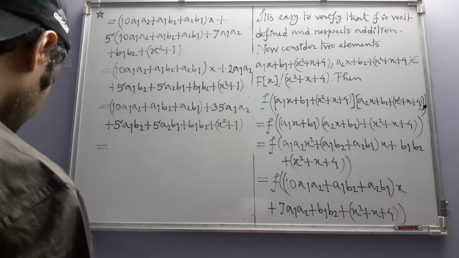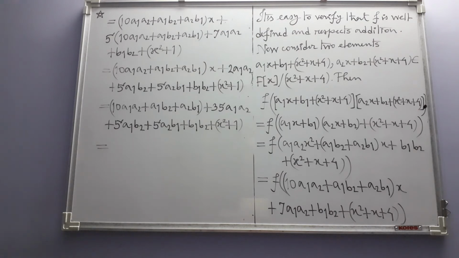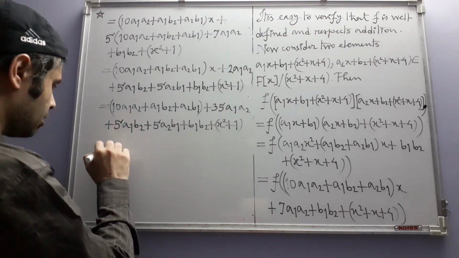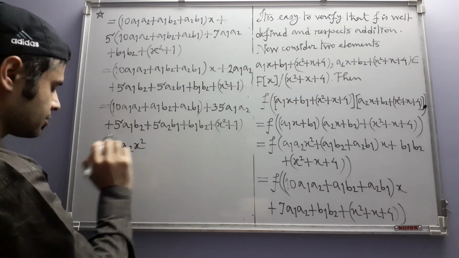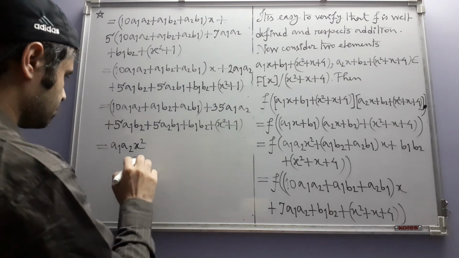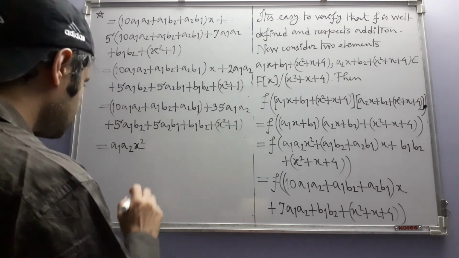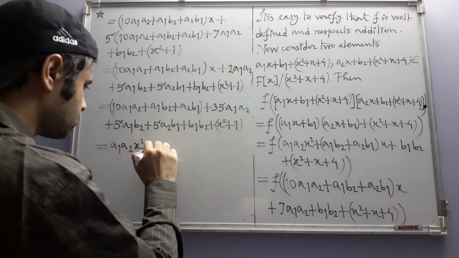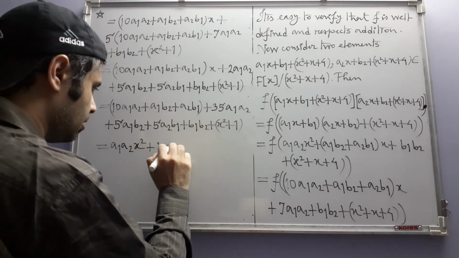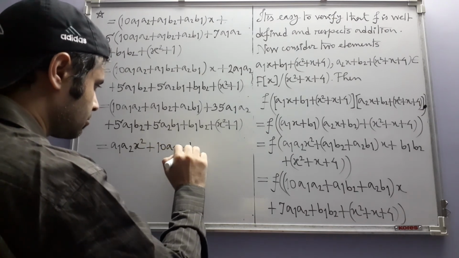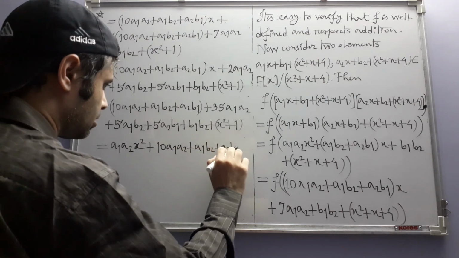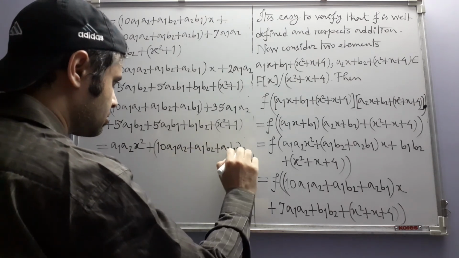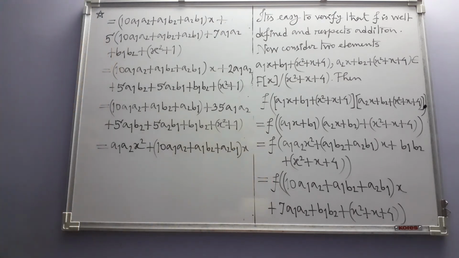Now after this, what we have written is this a1 a2, we have to bring in x square. So we are writing this plus 10 a1 a2 plus a1 b2 plus a2 b1 x. This term is untouched, it stays like that.